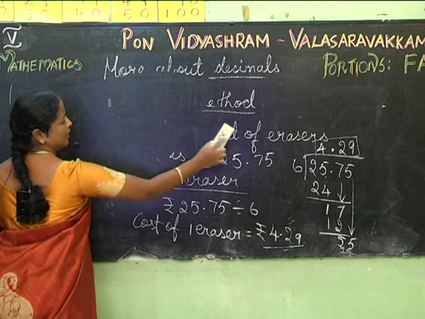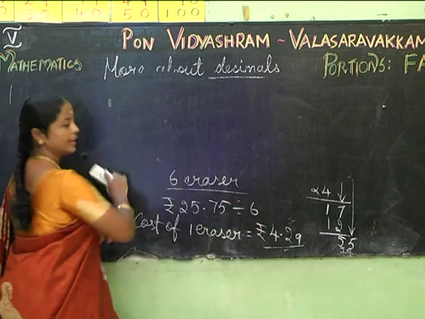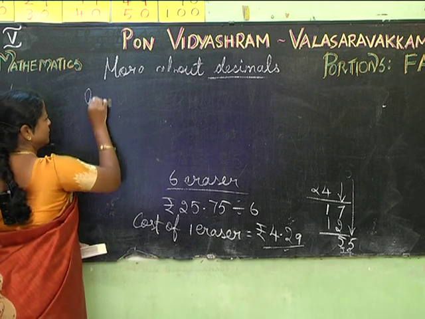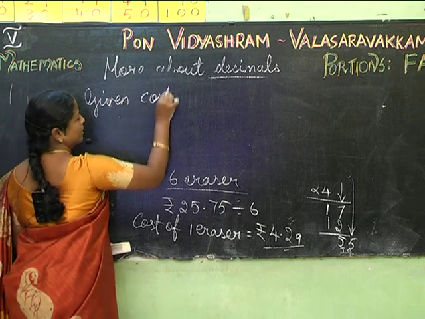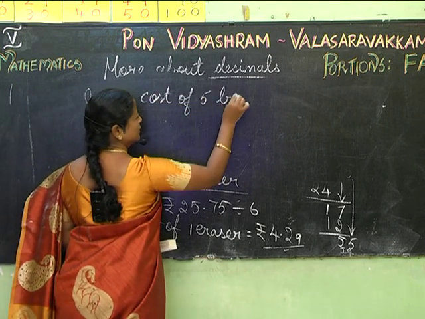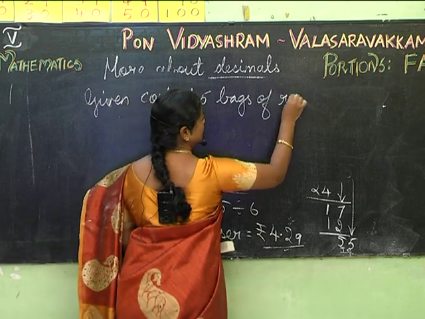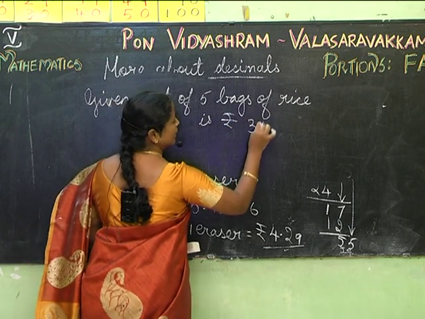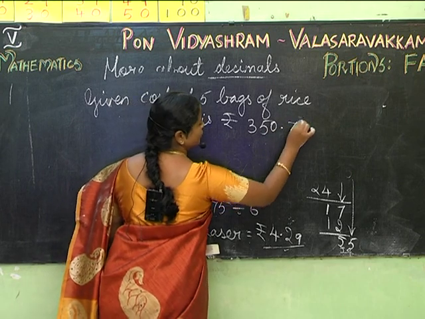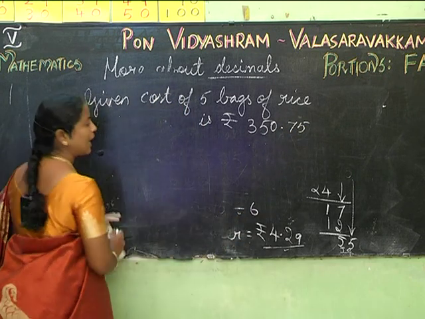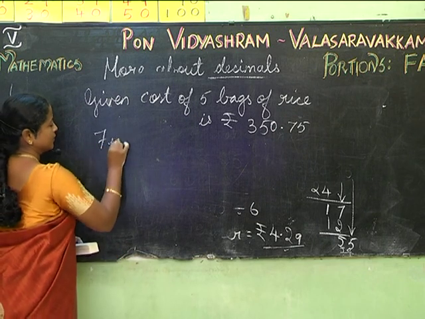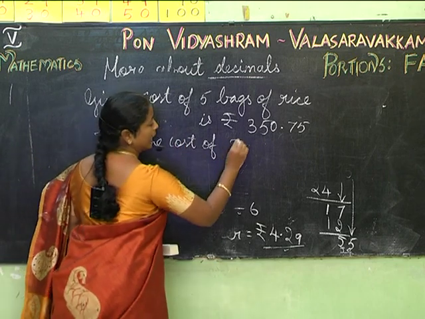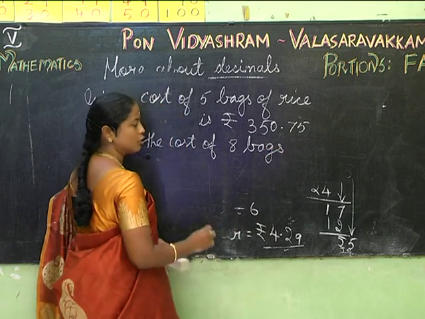Now if I'm given the cost of 5 bags of rice as rupees 350.75, now I have to find the cost of 8 bags of rice.